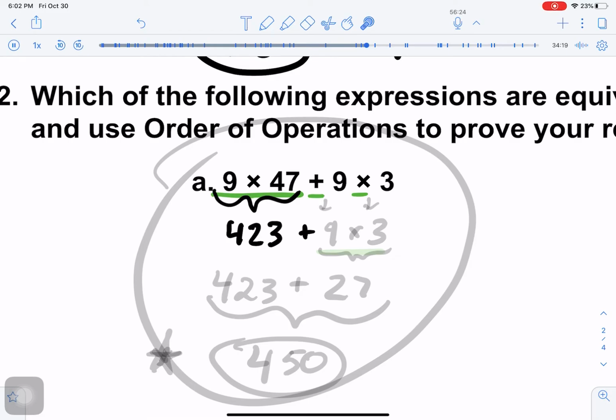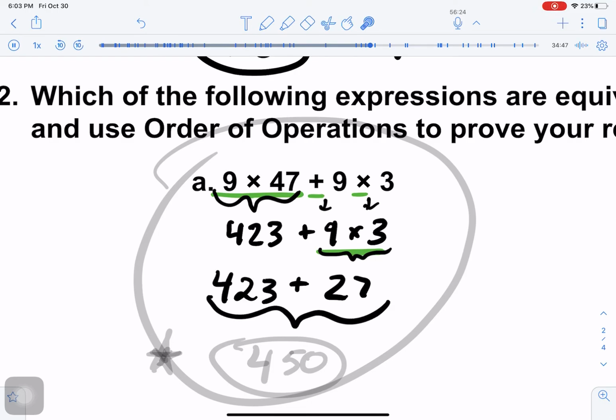I write the rest of this expression down, so that plus 9 comes down, that times 3 comes down. And now I see that there is still multiplication. I cannot move on to the addition until I am done with this. So I'm going to solve for 9 times 3. I know that this is 27. So I'll write my 27 plus the 423.